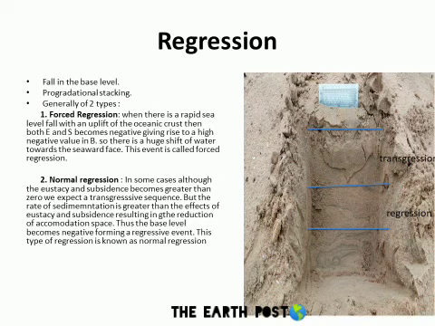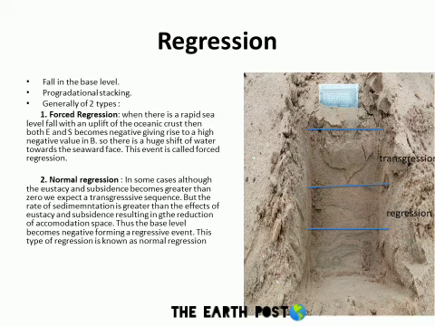But the rate of sedimentation is so high that it dominates over the total effect of eustasy and subsidence. Then also we see that there is a base level fall. This type of event is known as a normal regression.